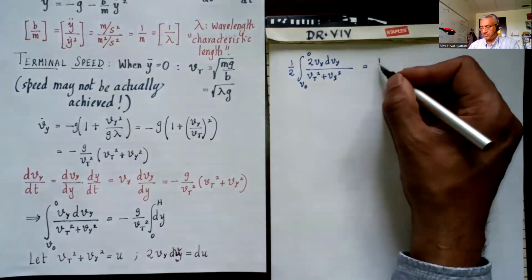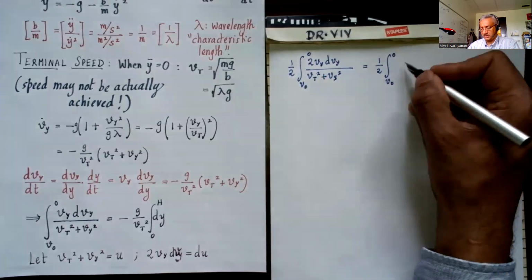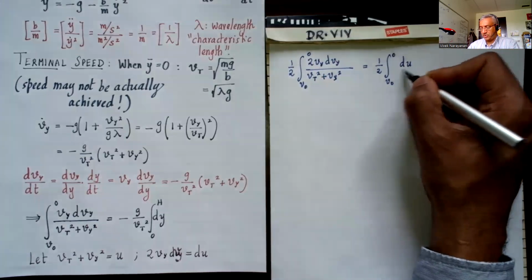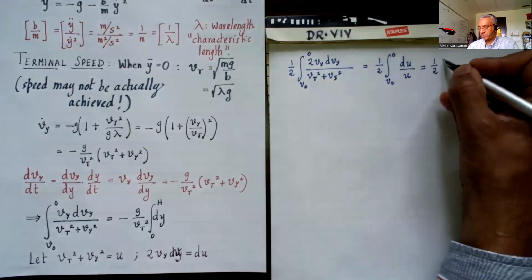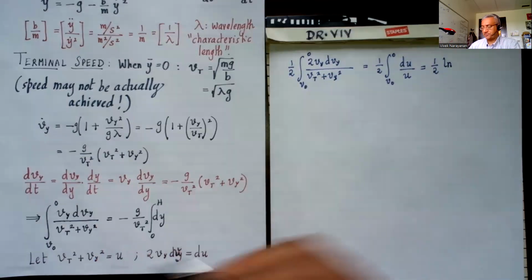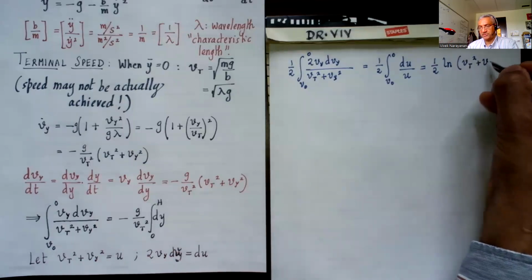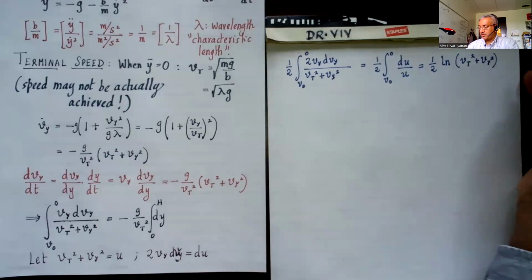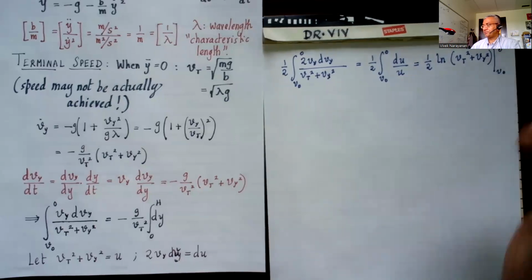And that is 1/2 integral of du over u. Well, that's just the natural log of u. And u is this. So it's a natural log of vt squared plus vy squared, and the limits are v naught to 0.